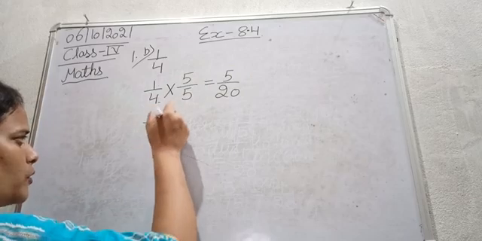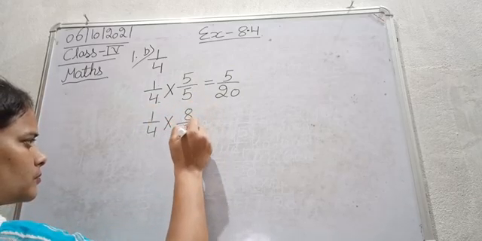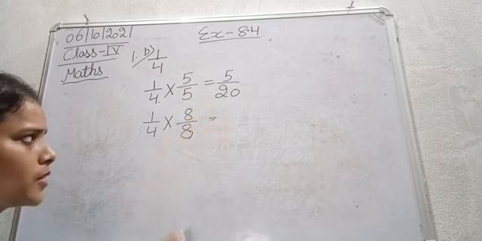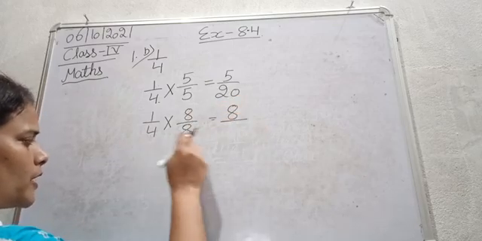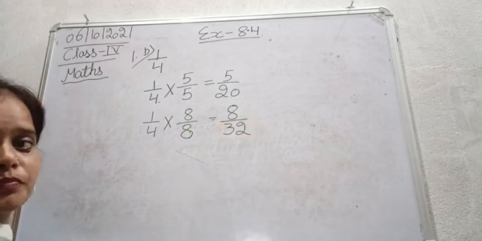1 upon 4 multiply by 8. 1 8s are 8, 4 8s are 32.